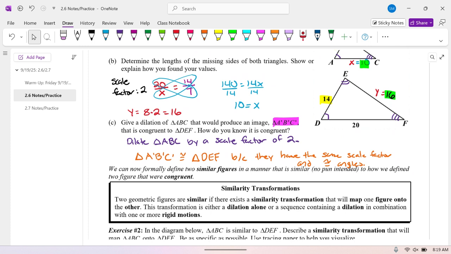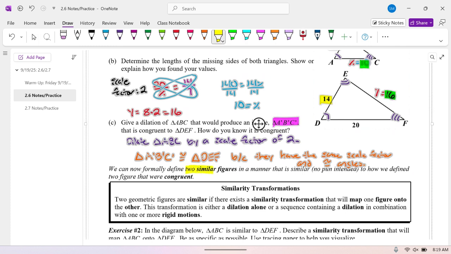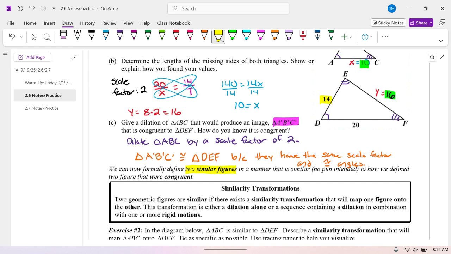So again, that's why I started with going back and talking about dilations, because that's literally how you would find similar figures. It's basically just a geometric version of a dilation, or it's just a non-graph version of a dilation. All right. Now, we formally define two similar figures in a manner that is similar to how we define two figures that are congruent.